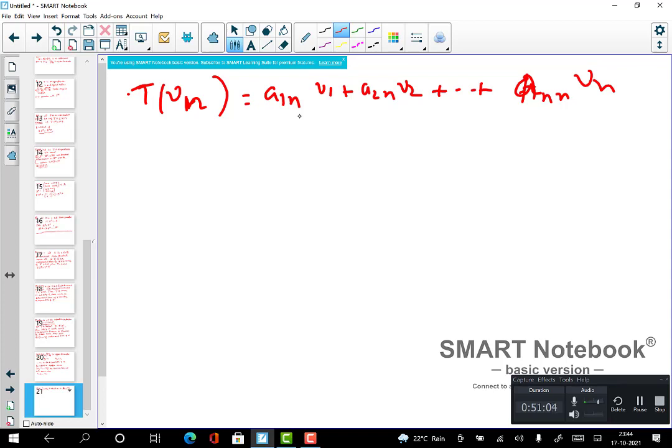Now we need to check that these a1n, a2n and so on are all 0. If I prove these are all 0, then only the last part will remain.